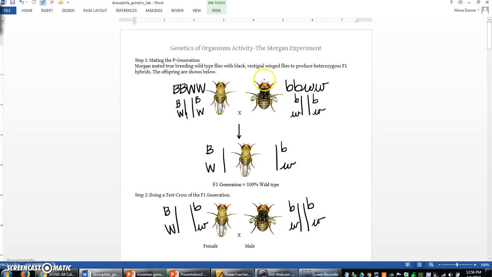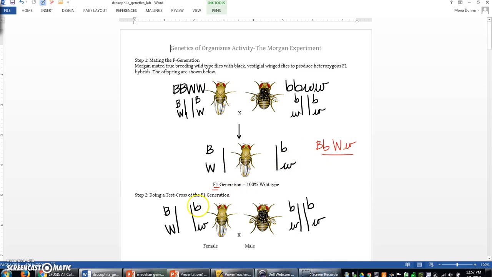This fly right here, homozygous recessive, we mated together to get the F1 generation. The F1 generation in all these types of crosses is kind of a hybrid, so it's got one big, one little. Heterozygous is basically what the F1 generation always is. So this resulting fly is going to be big B, little b, big W, little w. That's going to be its genotype.